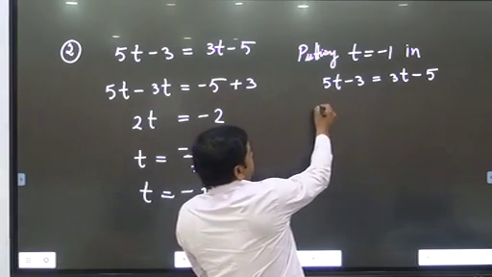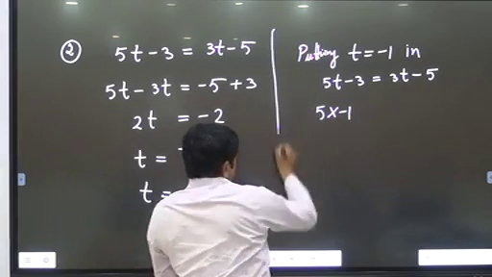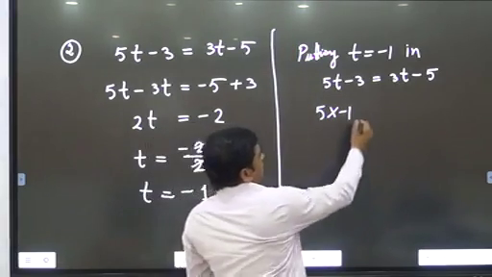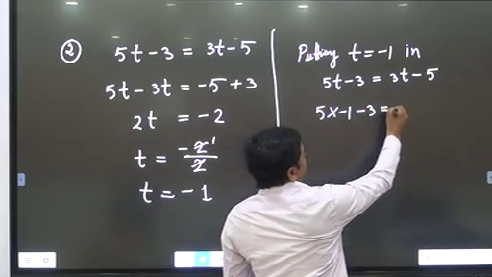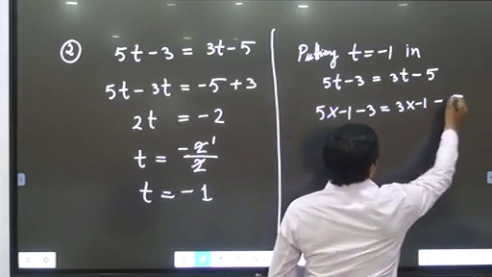So 5t means 5 into minus 1, minus 3, equal to 3 into minus 1 minus 5.